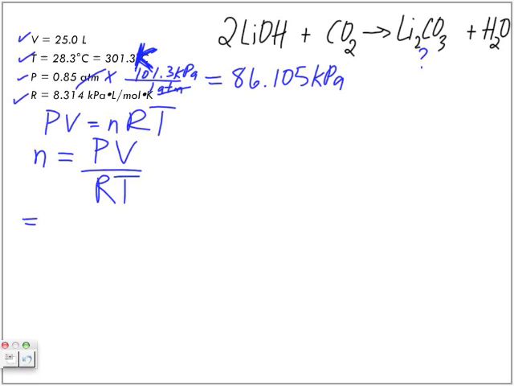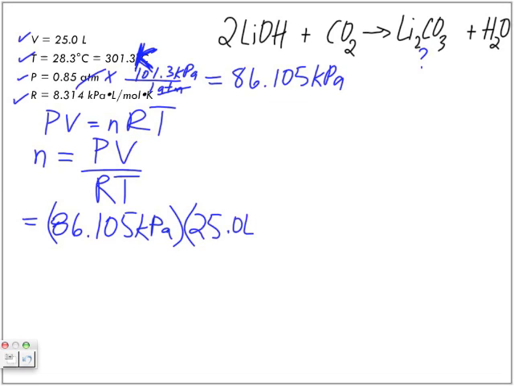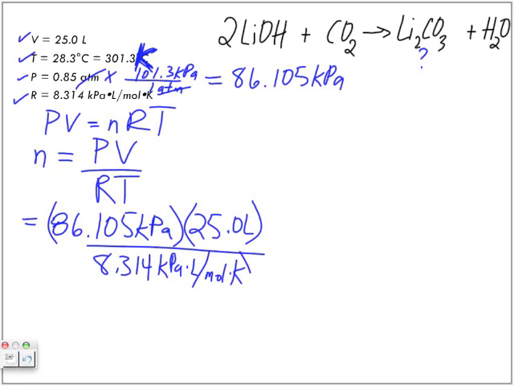So we've got 86.105 kilopascals multiplied by our volume, which is 25.0 liters, divided by our R value, which is 8.314 kilopascals liters over moles Kelvin, multiplied by my temperature, which is 301.3 Kelvin.